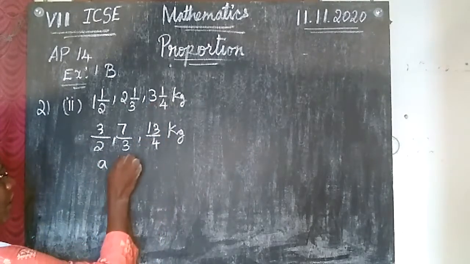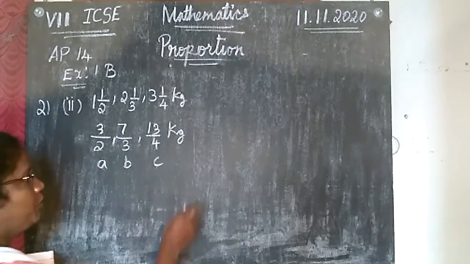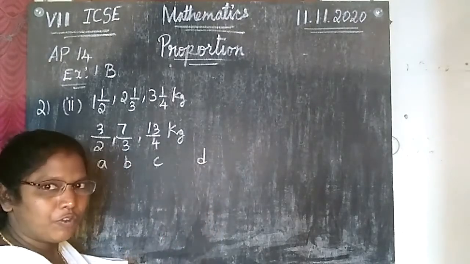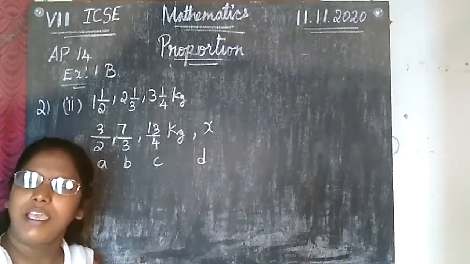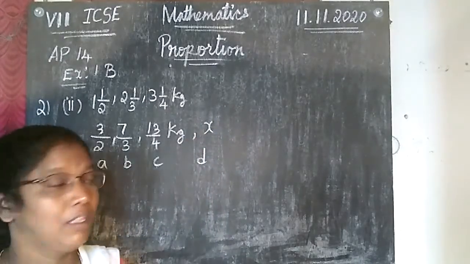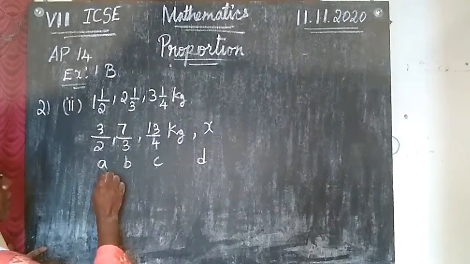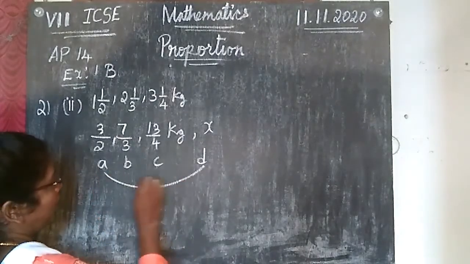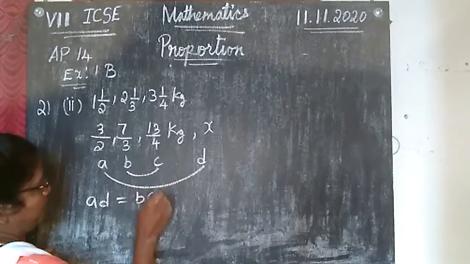So we have A, B, C. They are asking us to find out the fourth proportional. We don't know what the fourth proportional is, so we are taking it as X. Let X be the fourth proportional. Again, we are going to use the cross product rule here also. So AD should be equal to BC.